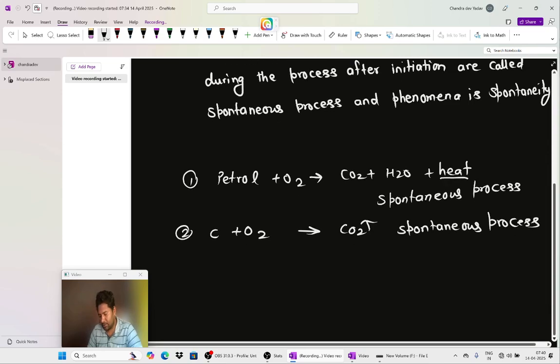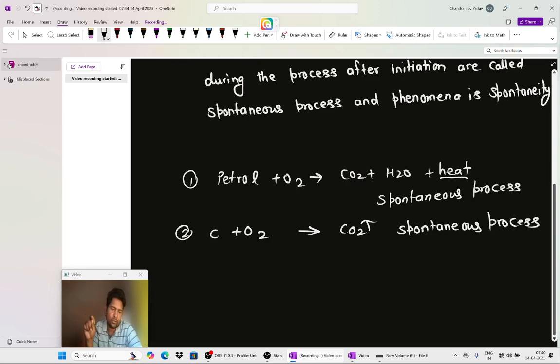The process which requires energy continuously during the process, and also for initiation, is called a non-spontaneous process. We can take a daily life example: movement of the wheel in a motor car requires continuous energy or continuous force by the piston. So movement of the wheel is a non-spontaneous process.